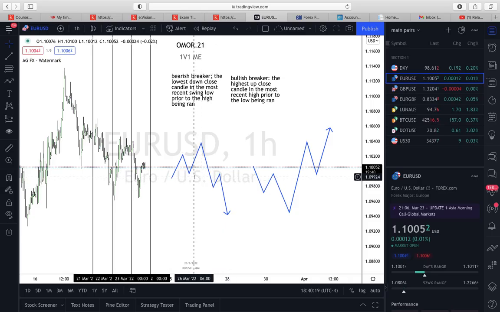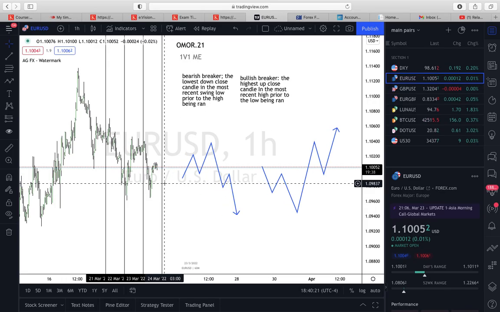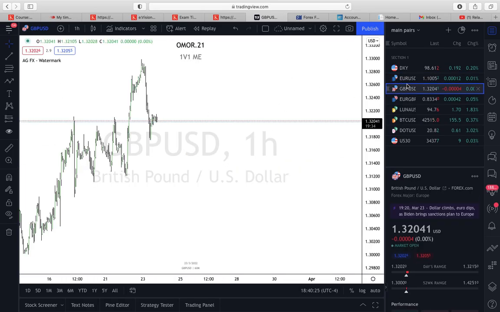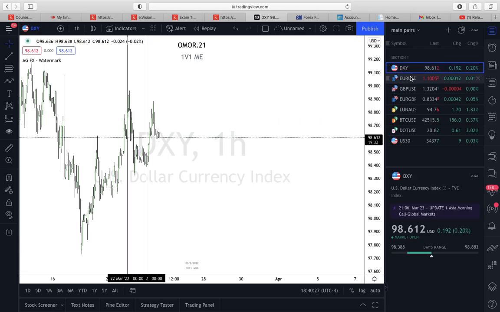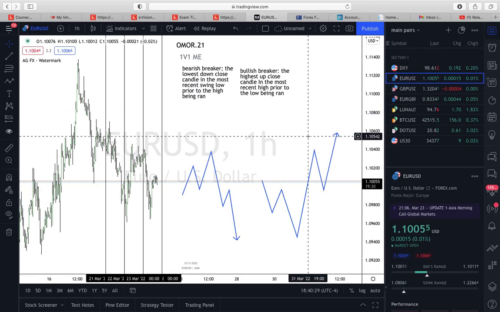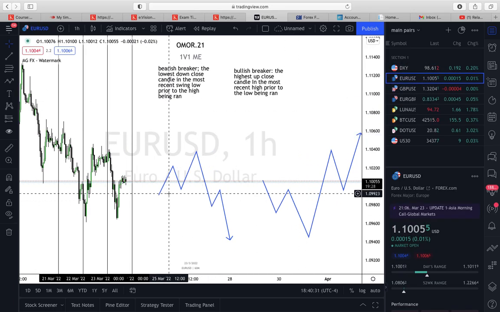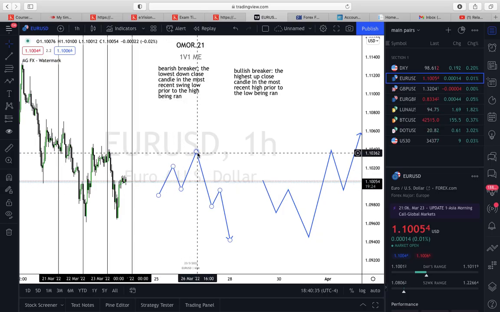If the market condition is bearish, yeah? If the market condition is bearish, let me go back to the euro. If the market condition is bearish and you're seeing this form, why would you be looking for buys in a bearish market condition?